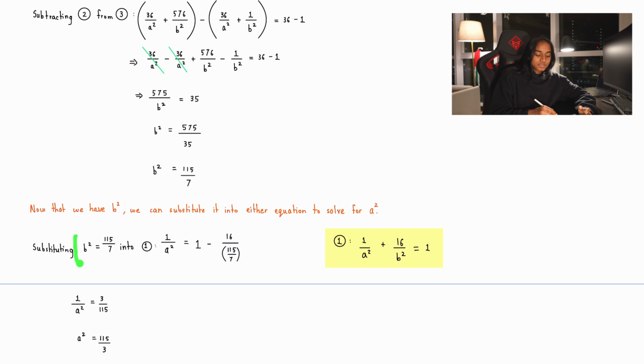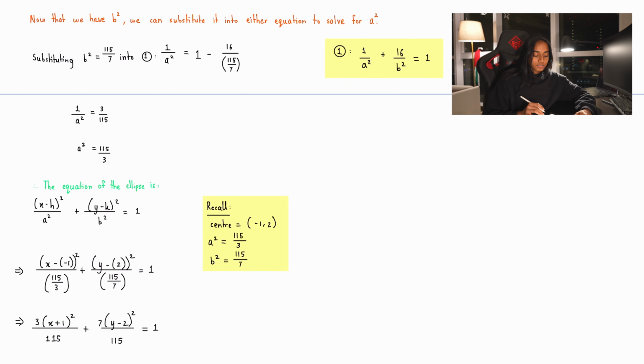We substitute b squared into equation 1, and then we end up solving for a squared, because remember, this is the only variable that's left to be solved for, and then we get a squared is equal to 115 over 3. Okay, therefore the equation of the ellipse is, remember, we substitute everything into these. Now we're simplifying, and we get the final equation with all the values here that we used to get the final equation of the ellipse to be that.